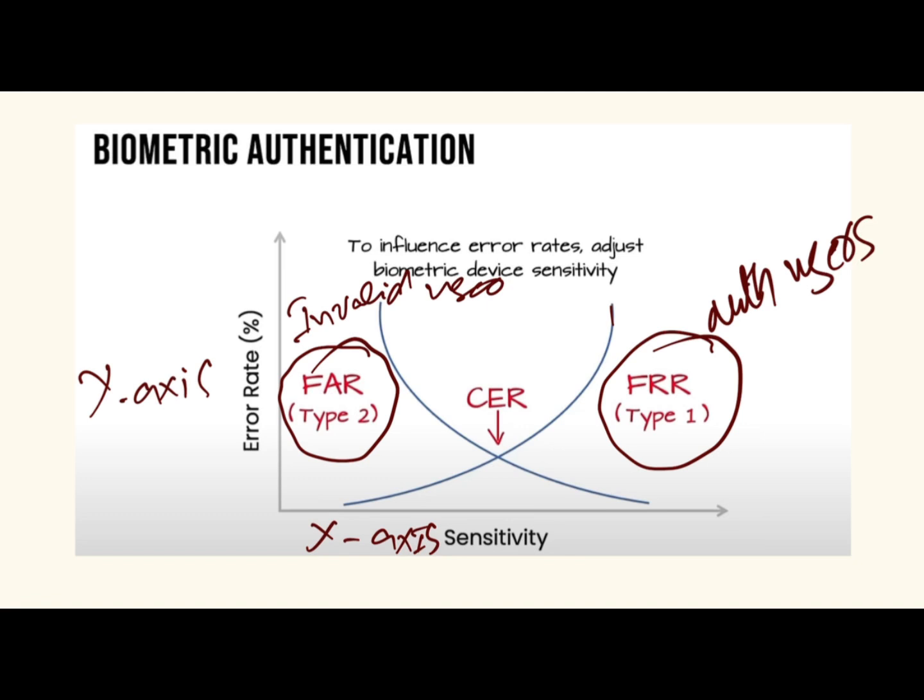So now the third thing is CER, the cross error rate, the point where FAR and FRR are equal. It is a key metric for evaluating the accuracy of a biometric system. So lower CER, better performing system.